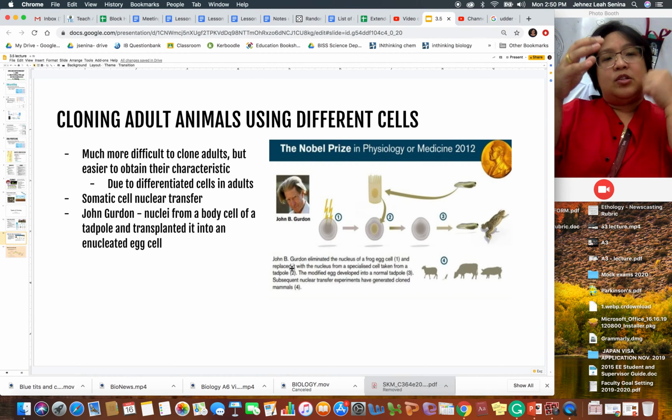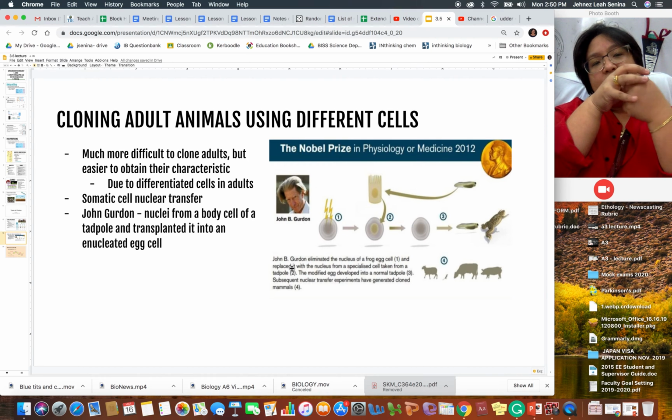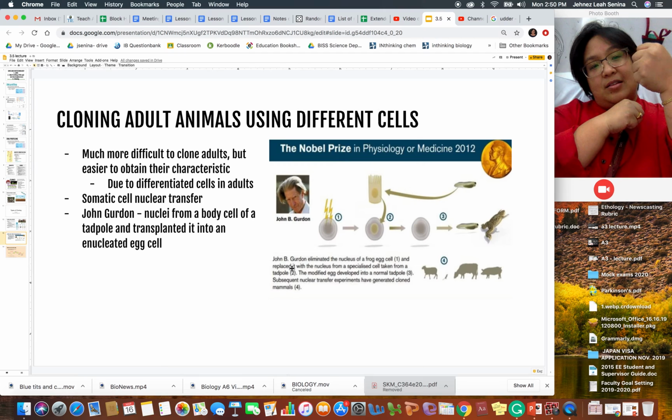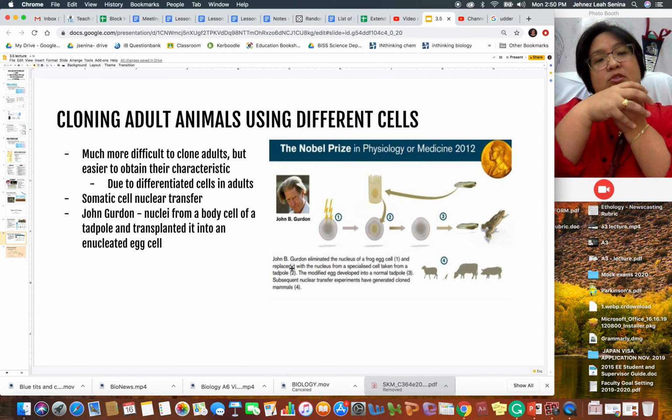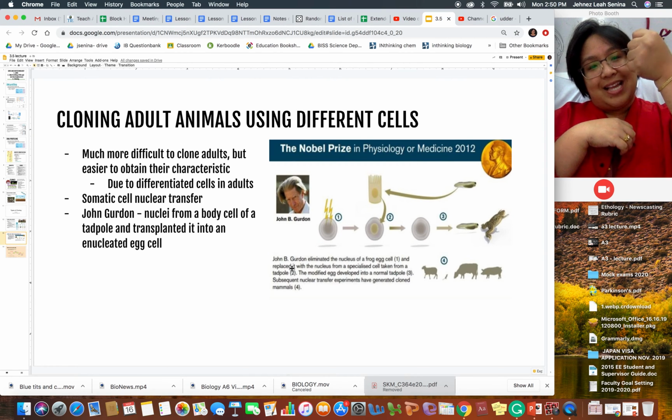So now this empty egg cell contains the DNA of that body cell. So your body cell nucleus, you put it in an egg cell. So this egg cell now doesn't need a sperm cell, it's already diploid, and it will start growing into an embryo. Now the organism from this will have the exact same genome as my source of body cell.